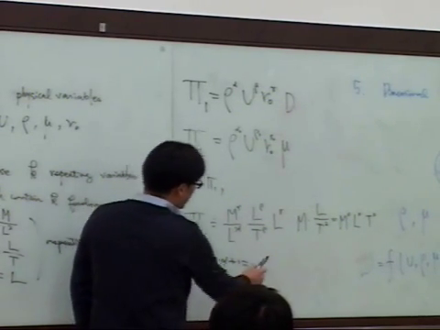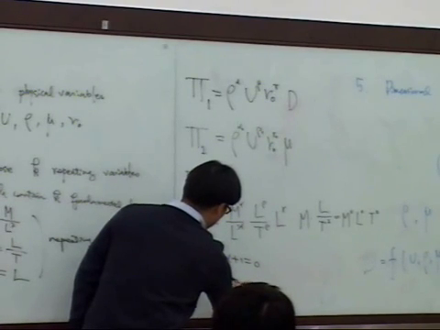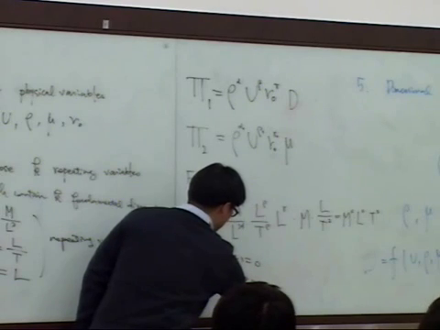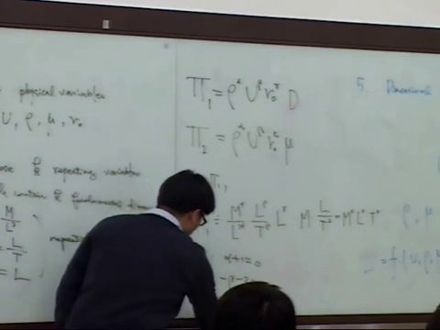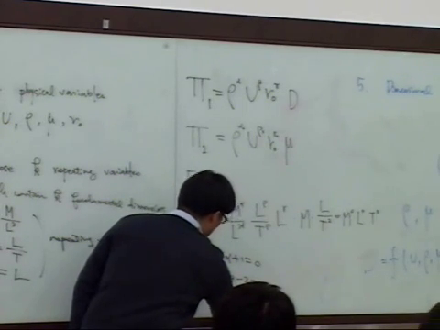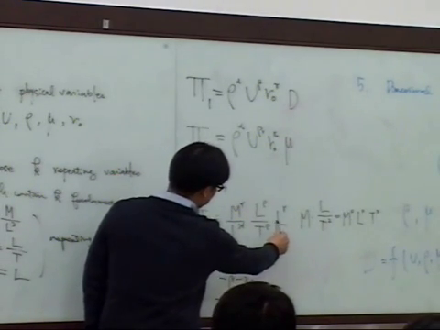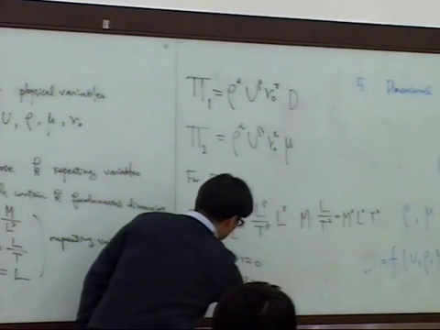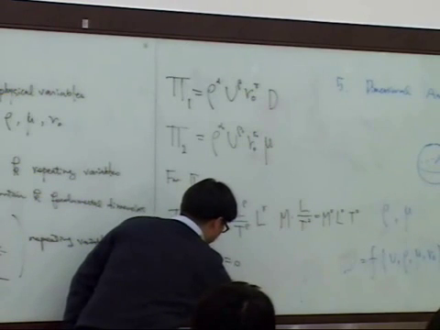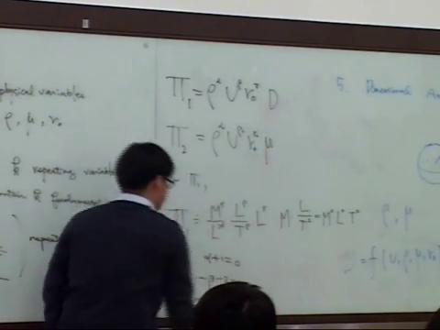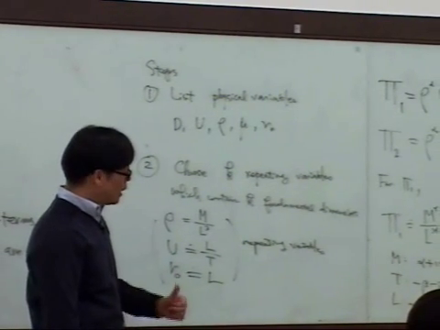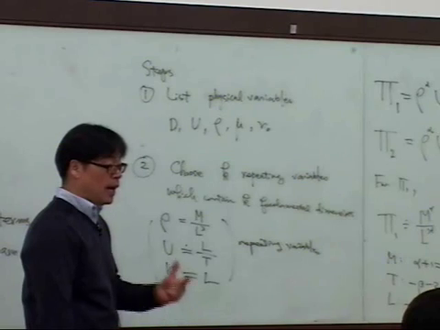I have minus beta from here and minus 2, and this has to be 0 as well. If I look at length L, then I have minus 3 alpha plus beta plus gamma plus 1, which has to be 0. So from here, I can find alpha, beta, and gamma.